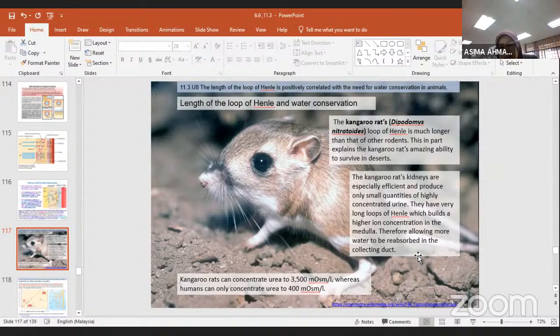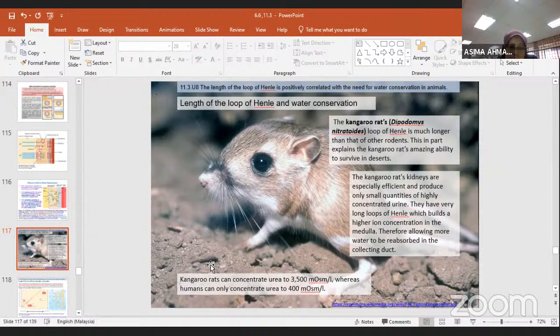Sebabnya lagi panjang dia, lagi tinggi concentration ions dia. So as the urine passes down the collecting duct, the outside is always hypertonic, so that water keeps on leaving the urine from the collecting duct and going back into the blood, so that more water can be reabsorbed.